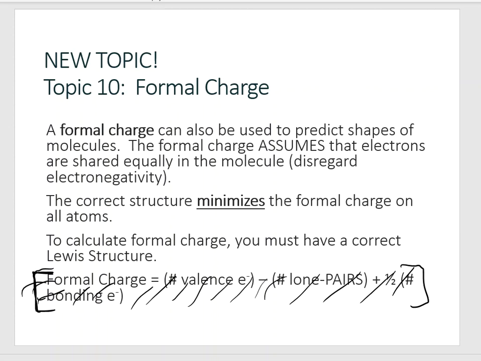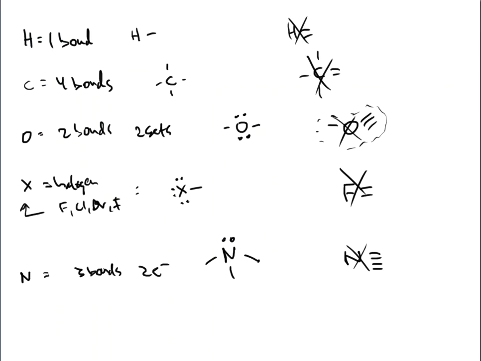They word it in a very strange and confusing way. Just keep in mind: 1 for every bond, 1 for every dot. That's all that you need. So you take the valence electrons minus 1 for each bond or line, and then minus 1 for each electron dot. That's all that you have to have.